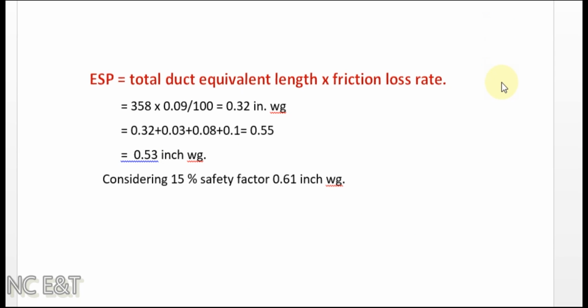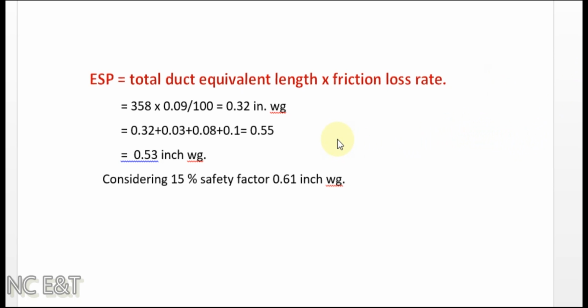We have calculated the value for total duct equivalent length equal to 358 linear feet, and the friction loss rate is 0.09. After applying these values in the formula, we got the result ESP equal to 0.32 inch water gauge.